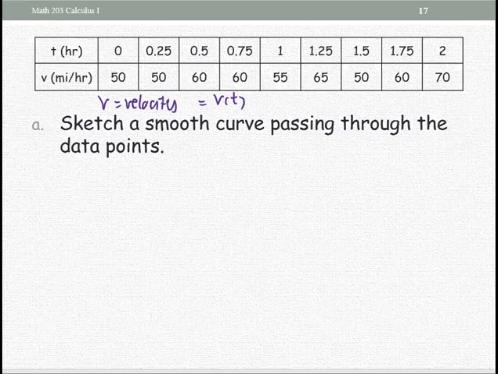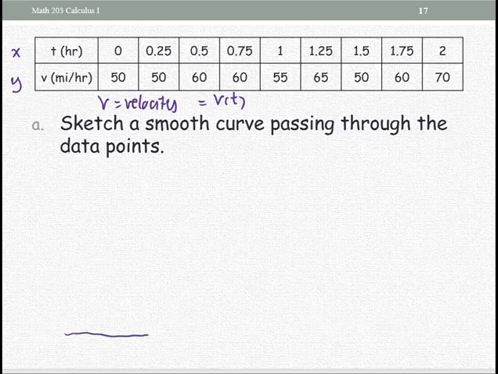V depends on the time. If you compare x and y, x is the independent variable, y is the dependent variable. So we can see this as y depends on x, or v depends on t, or the velocity depends on the time.